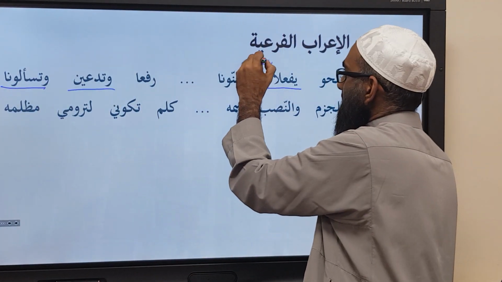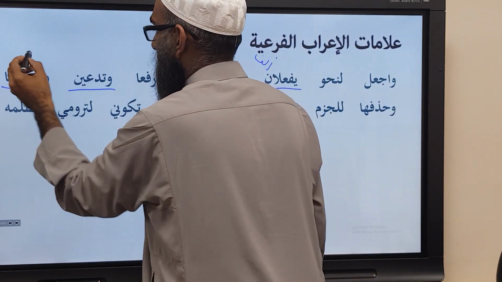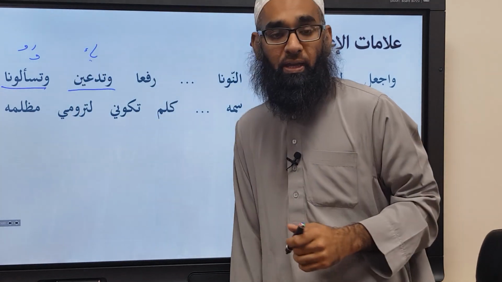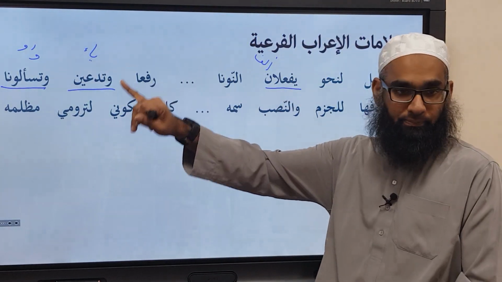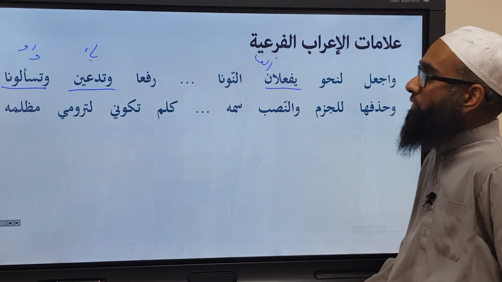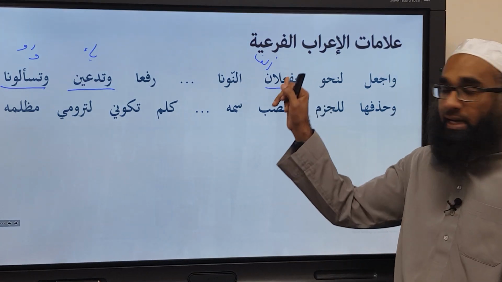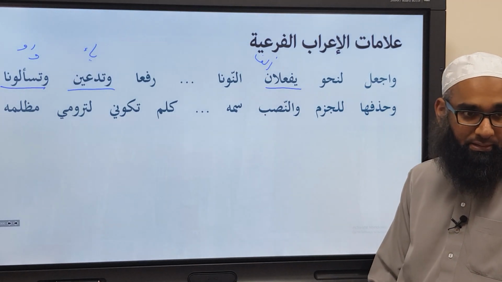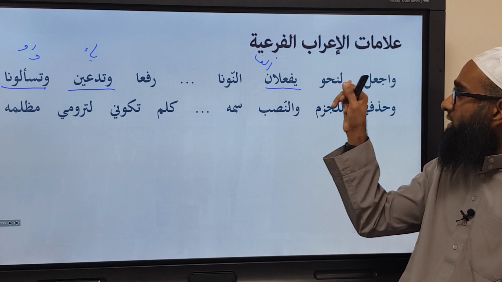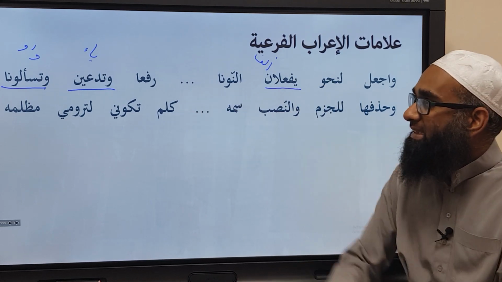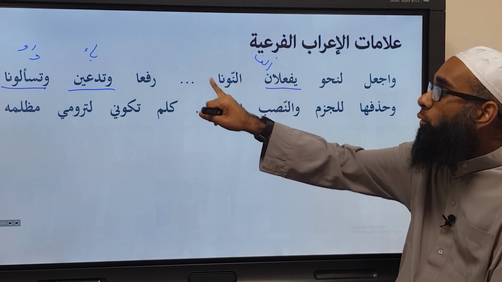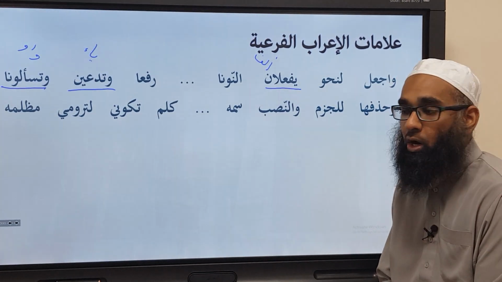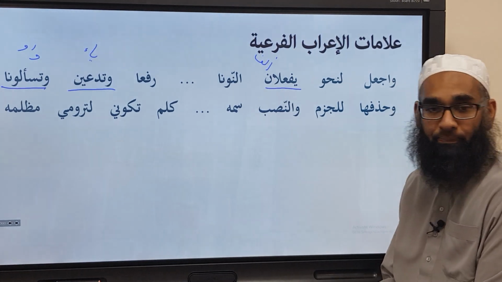Alif, waw, ya. So any فعل المضارع which has the alif of tasniya, the ya of mukhataba, the waw al jama', make a place for the likes of yaf'alani, tad'ina and tas'aluna, the noon in the state of rafa'. Waj'al li nahwi yaf'alani nuna raf'an wa tad'ina wa tas'aluna.